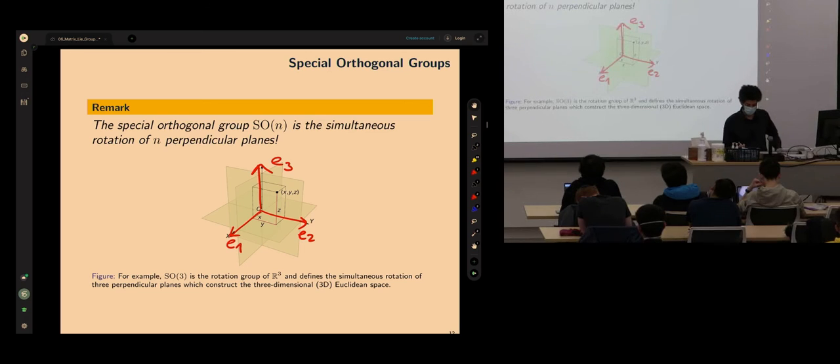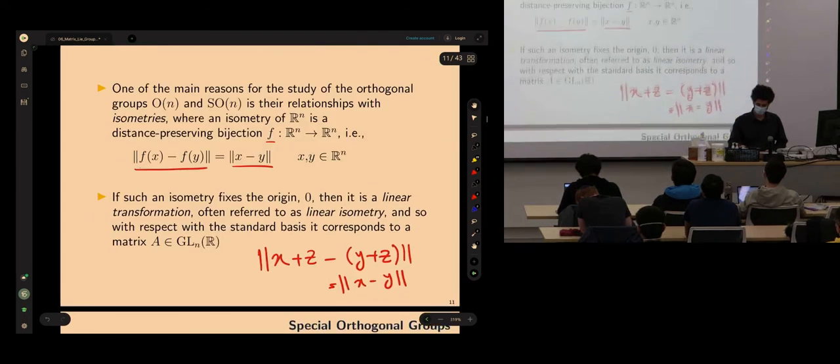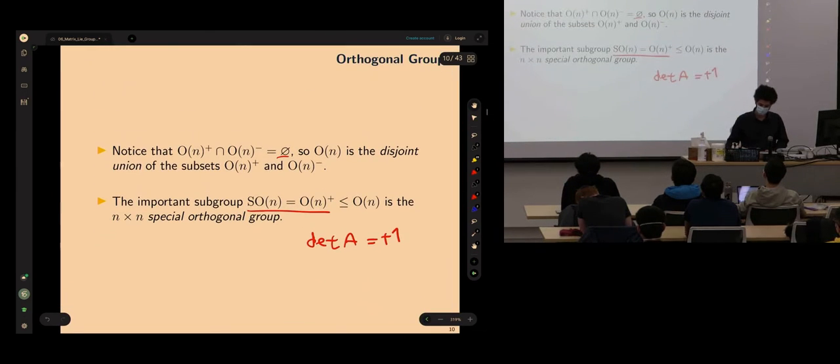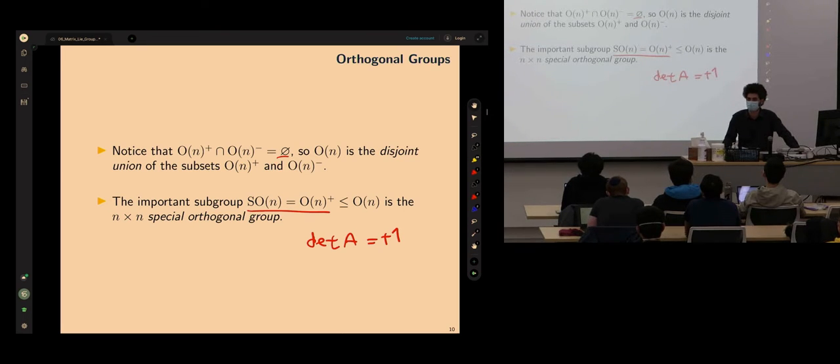Oh, your question is why did we define the special orthogonal group to be this O(n)+? Why not? I mean, you could use this name, or I would choose a different name. That's okay. So what's the meaning behind this plus that makes it important?